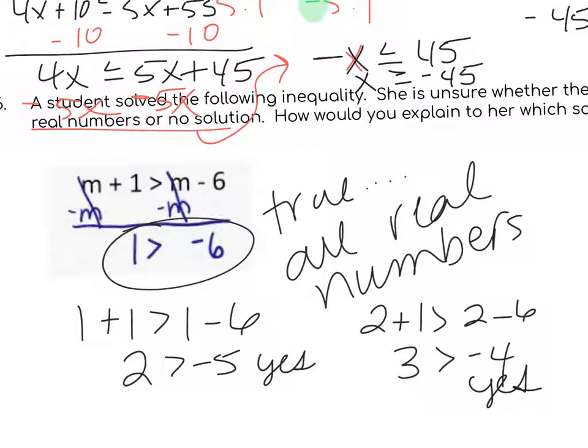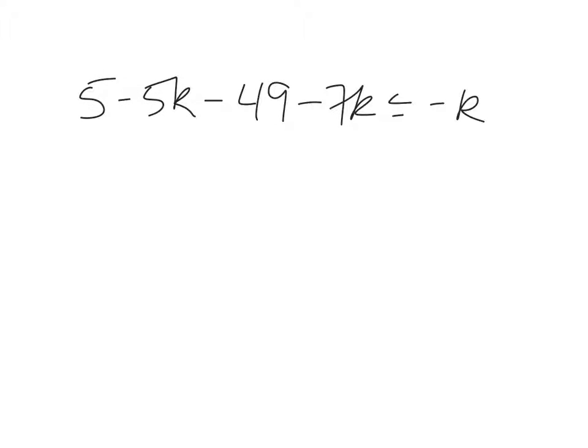All right, so let's go on to the next one. It is going to get really crowded. Minus 49 minus 7k, less than or equal to negative. Alrighty, so the first thing I see is I have like terms, so I'm going to put those together.